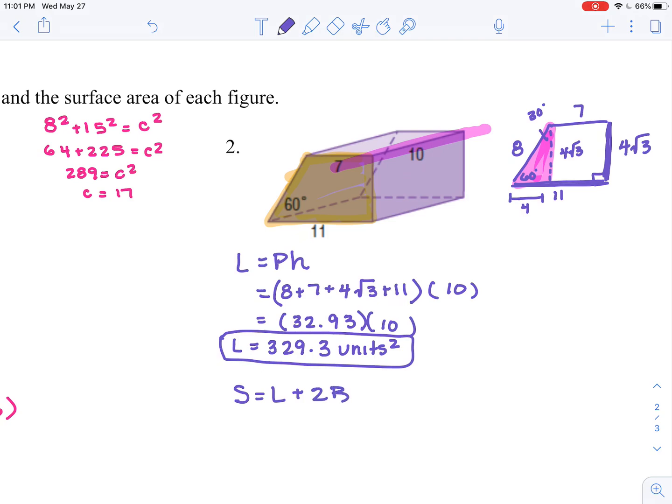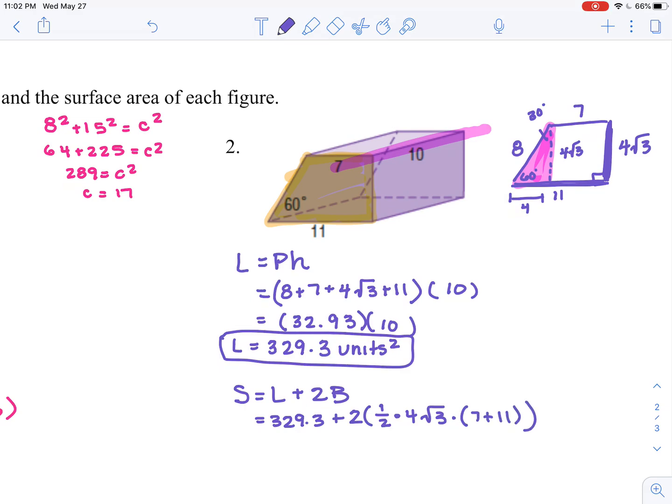Okay, to find our surface area, we take our lateral area and add on the 2 bases. So our lateral area was 329.3. And now we need to add on those two trapezoidal bases. So area of a trapezoid, 1/2 times the height of the trapezoid. So here the height of the trapezoid was 4√3 times base 1 plus base 2.